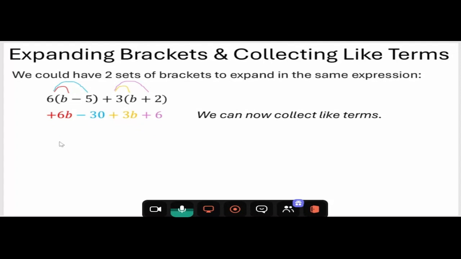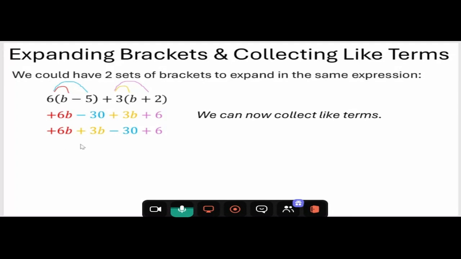So you see that we have some b's here and here that we can join together, and some constants here and here that we can join together. So I'm just going to reorder things there. You don't have to take that step, but if it helps you to reorder the terms and put the like ones together, by all means, you can do that.